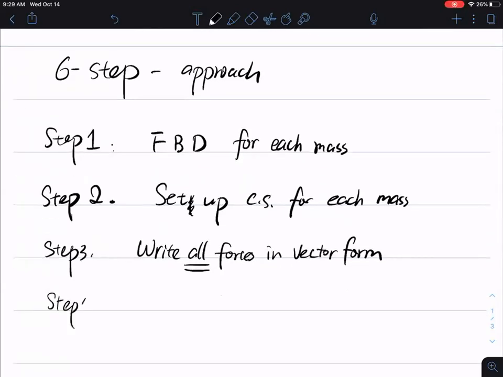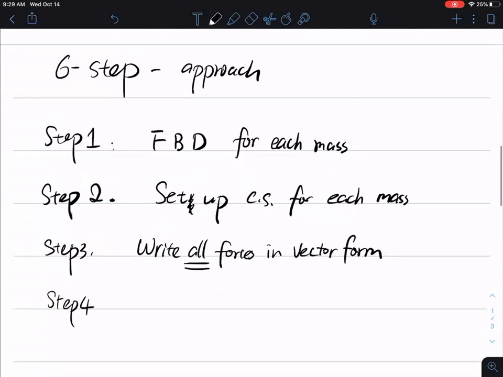Step 4 is to write all accelerations in vector form.